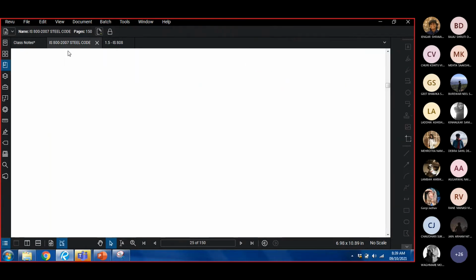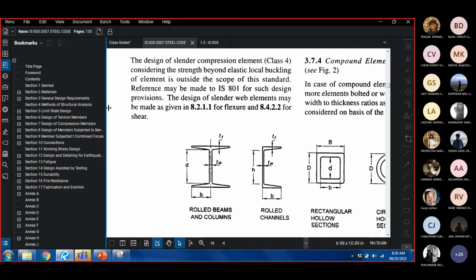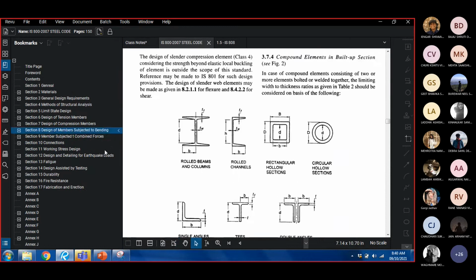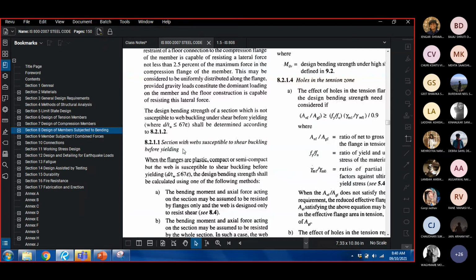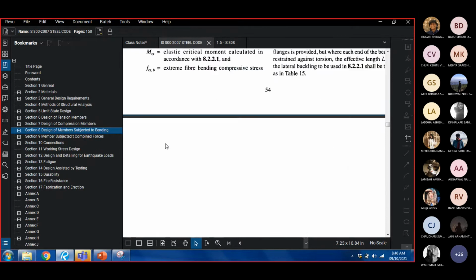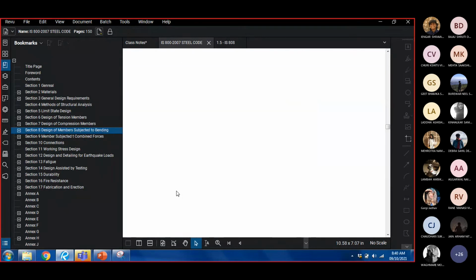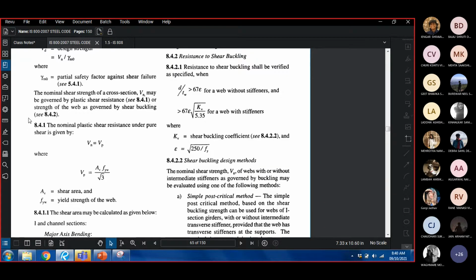Where do we get this? If we go to the code, there is a clause 8.4.1 that gives the nominal plastic shear resistance under pure shear, and that is given by Av into fy upon square root of 3.